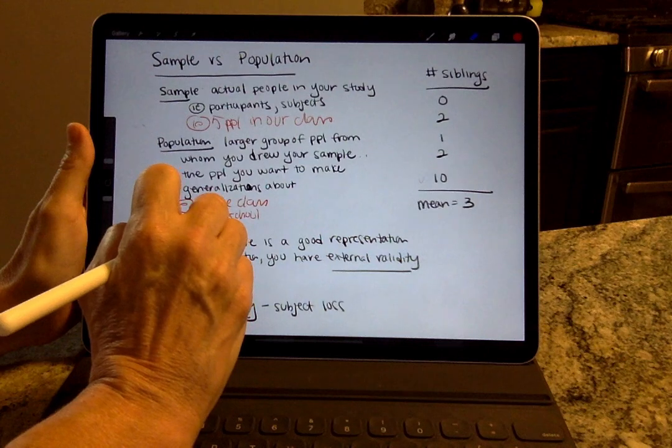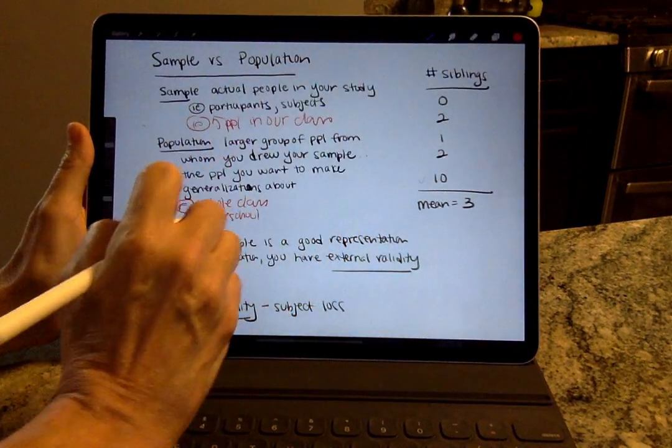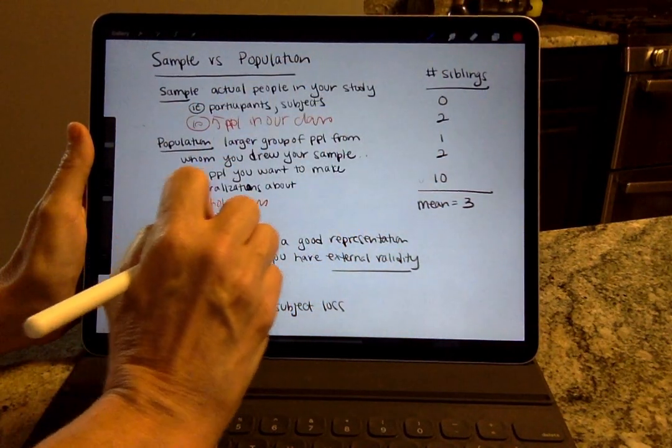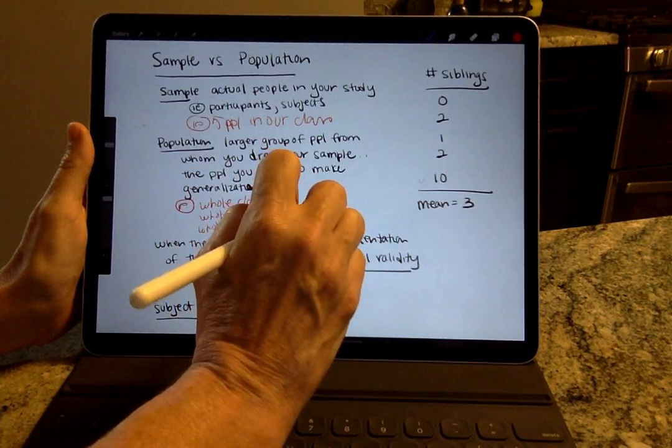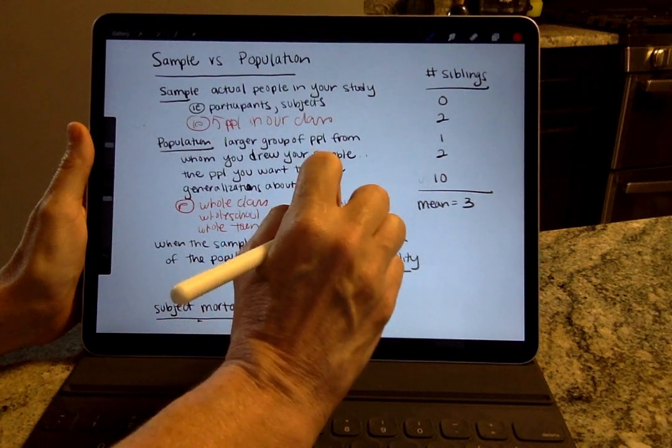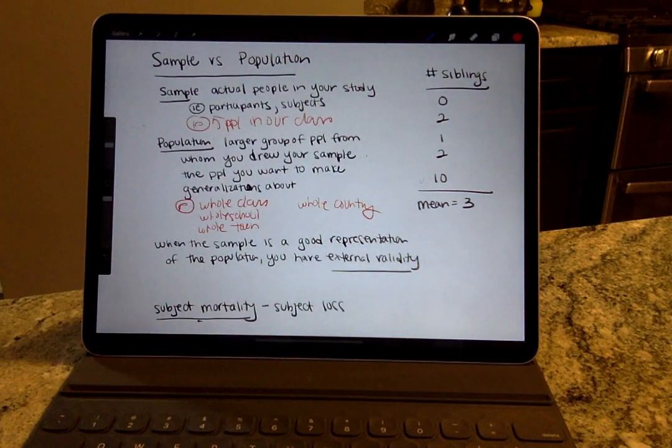Maybe the population is the whole town. And going even larger, maybe the population is the whole country. Any of those are fine. As long as the researcher hasn't defined in advance what the population is, you could potentially argue that any of those are the population. The point being, it's the larger group of people from whom you drew your sample, and in addition, it's the people that you want to make generalizations about.